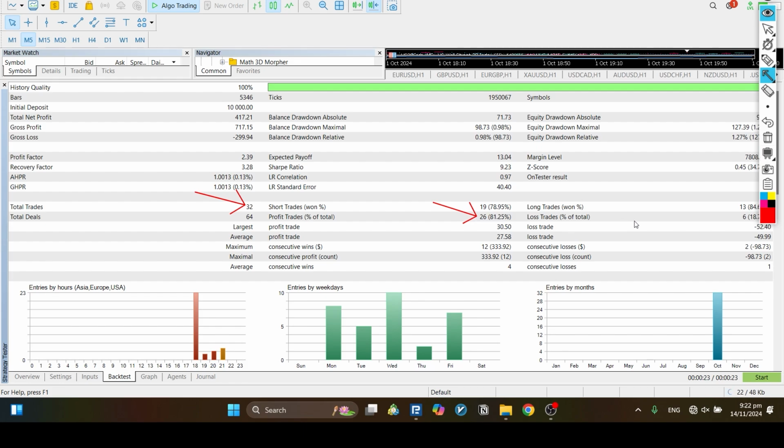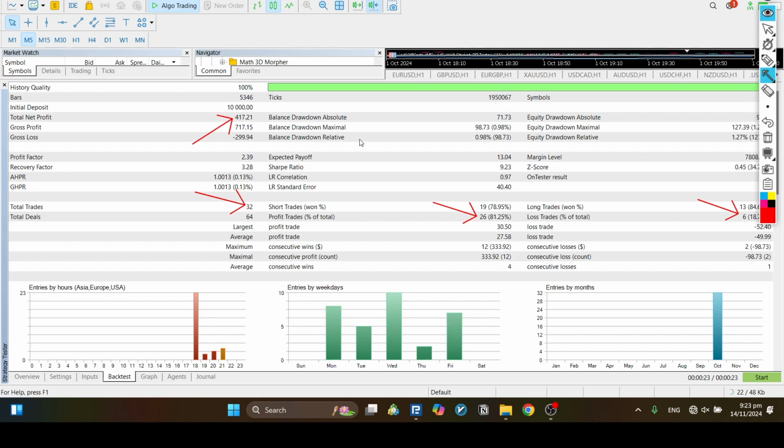And 6 of them were losing trades. And it made $417 of profit. Although this is just a demo bot and we cannot fully rely on a month of profitability, this example shows that you can have a trading strategy with less than 1 reward to risk ratio and still make money. We are not done here, guys.